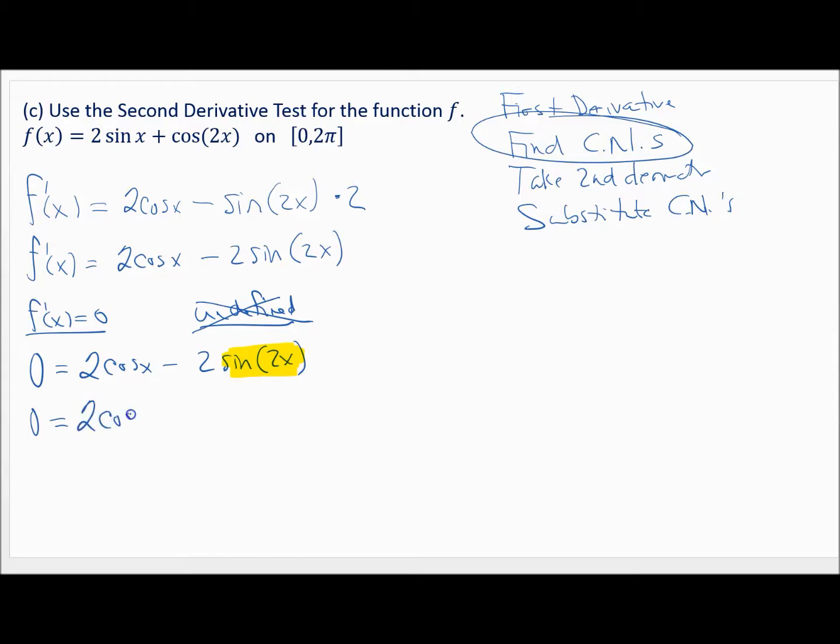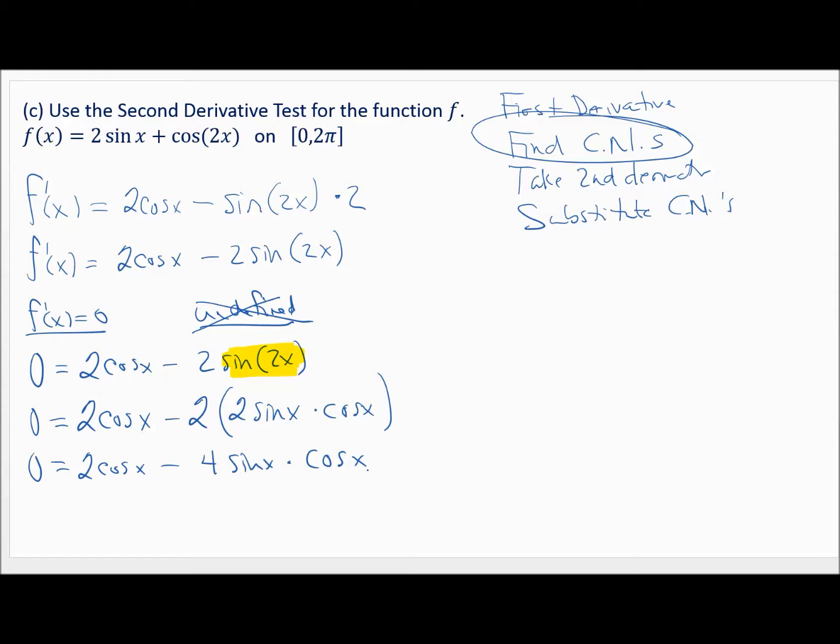So now I have 2 cosine of x minus this 2 that is already there times 2 sine of x cosine of x. Now again, why did I do that? Because I don't want to solve this equation with this cosine function only having an x as the argument and this having a 2x as the argument. That's going to make it extremely difficult to solve. So now, let's simplify this. This is going to be minus 4 sine of x times cosine of x.